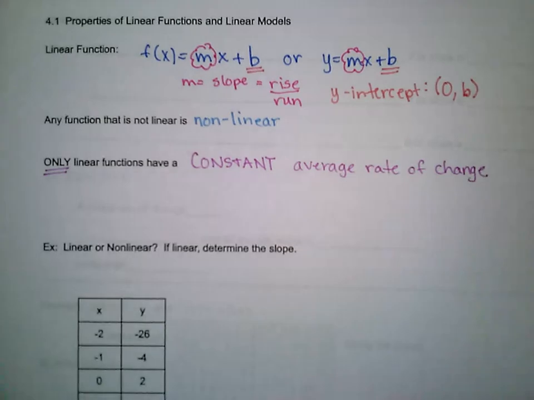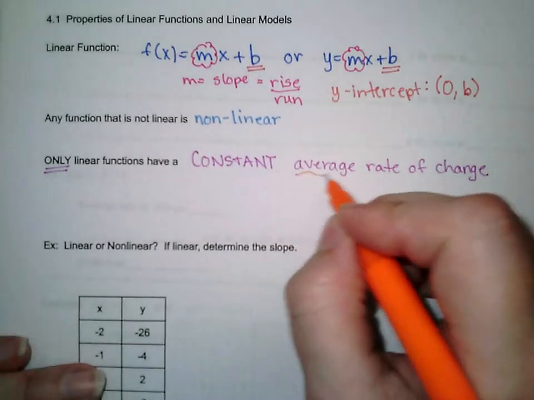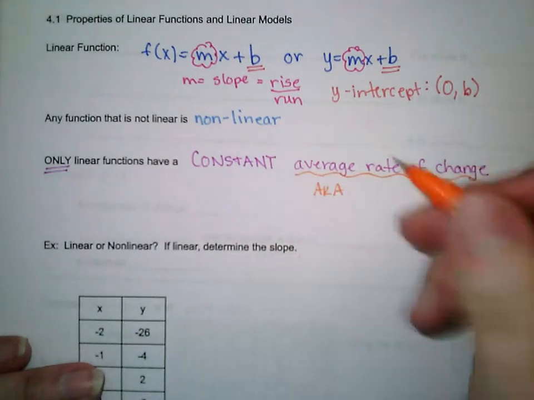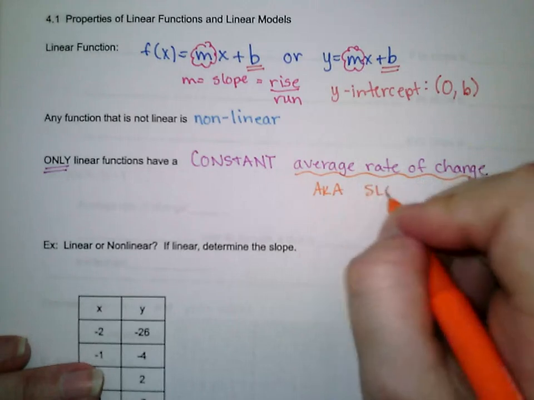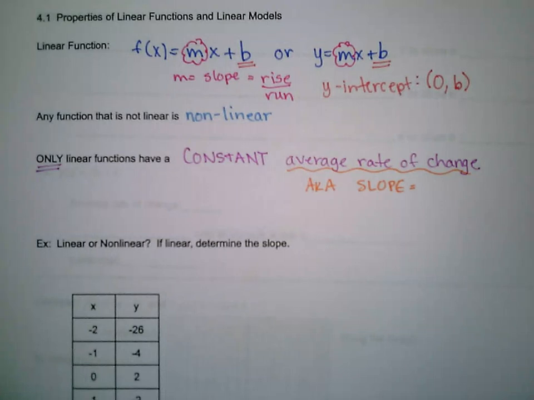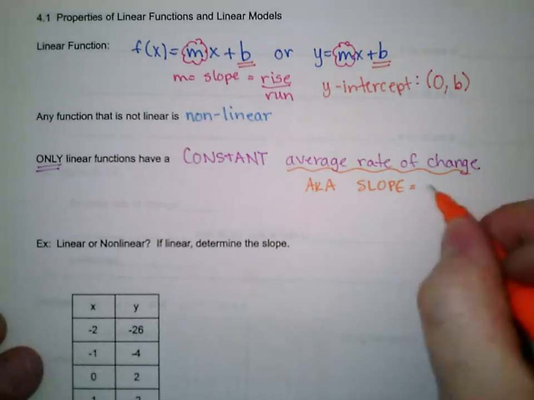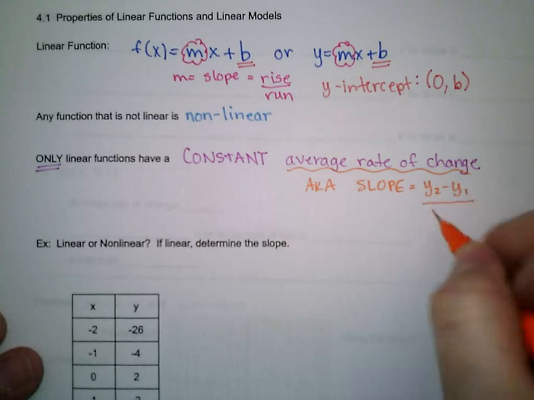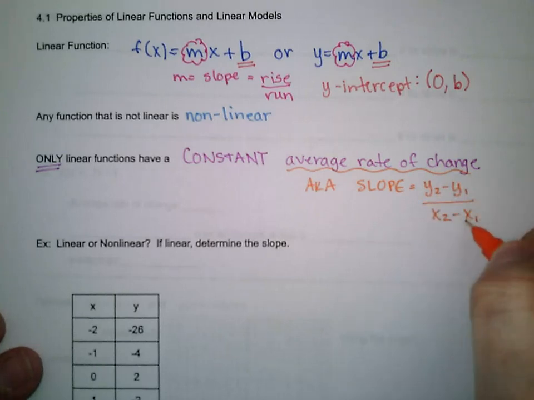So average rate of change means slope, also known as slope. And remember to find slope, we subtract the y's and then we subtract the x's. So the formula you've probably heard would be y2 minus y1 over x2 minus x1.